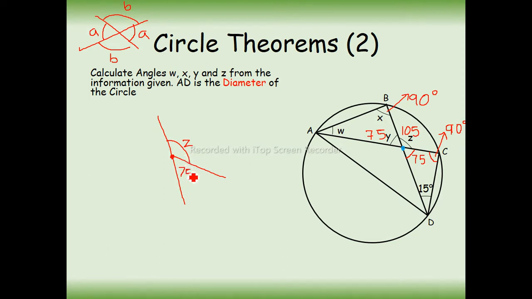So 75 plus Z should give us 180. That means that Z is going to be equal to 180 minus 75, which is equal to 105. That's how we got Z.